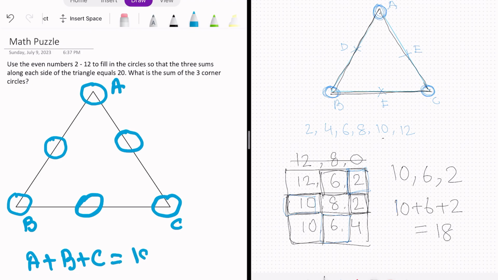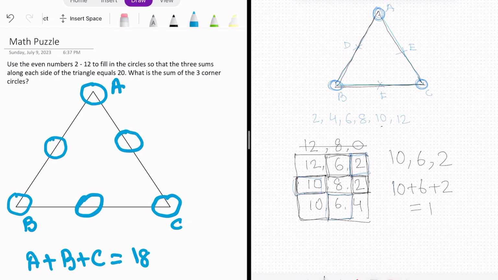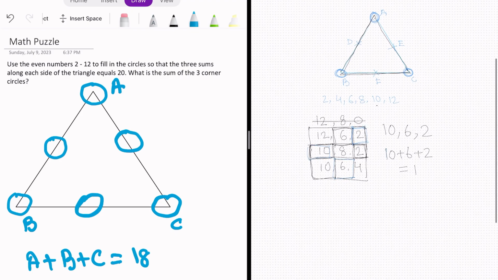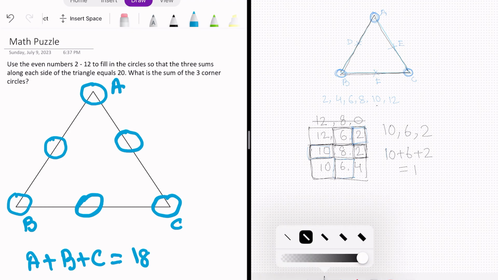Let's try to see if we can solve what the values would be. Let's pick one of the combinations, 10, 8, 2, and let's say that this is 10.